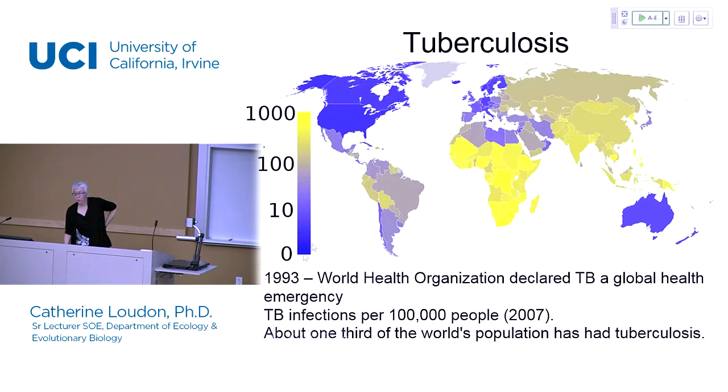The blue areas have far fewer cases, which includes all of North America, parts of Europe, and also Australia. The more yellow it is, the more incidence of tuberculosis there is, and you can see that Africa is particularly impacted, and parts of Asia and Russia as well. So this is tuberculosis as a whole, not necessarily strains that are resistant to antibiotics.